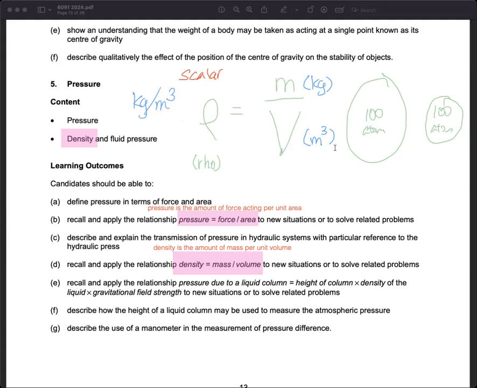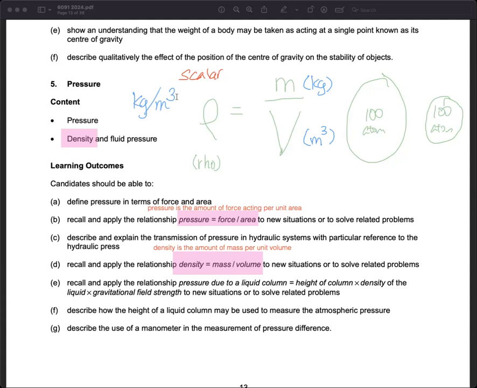That is also not wrong. But the SI unit is kilogram per meter cube. Gram per cm cube is also a unit for density, but that is not the SI unit. The SI unit for density is kilogram per meter cube.